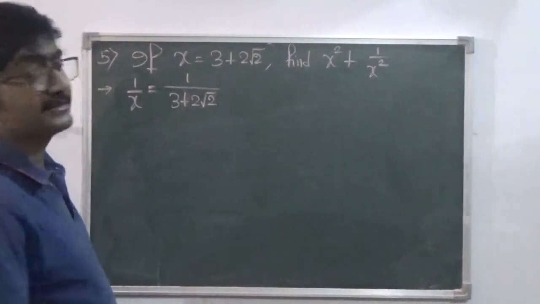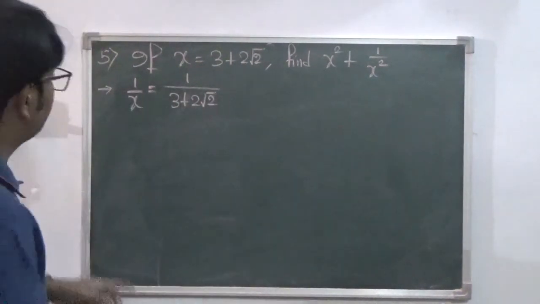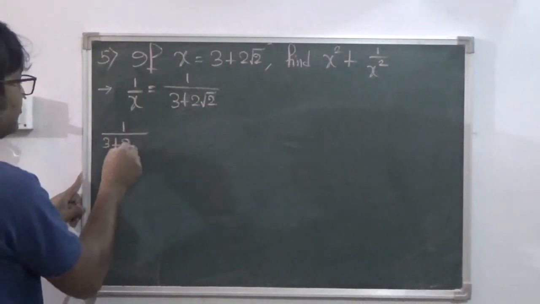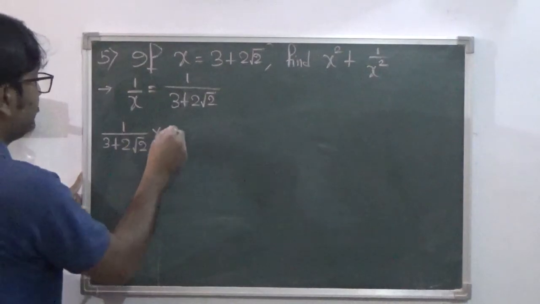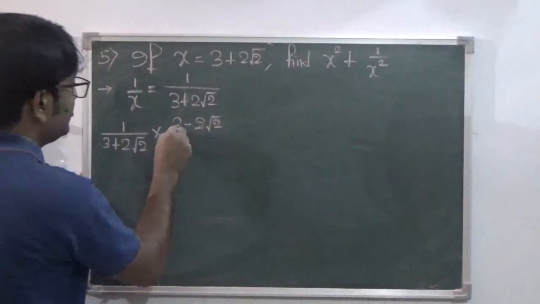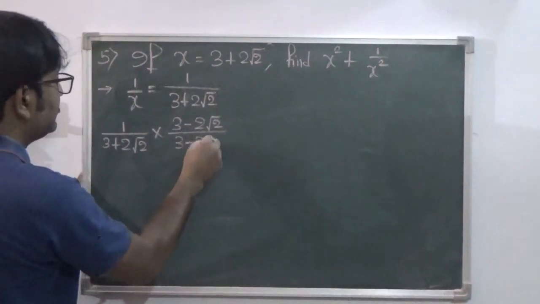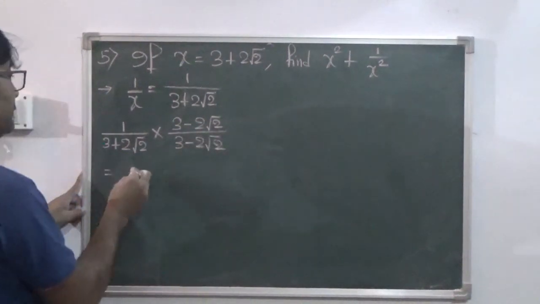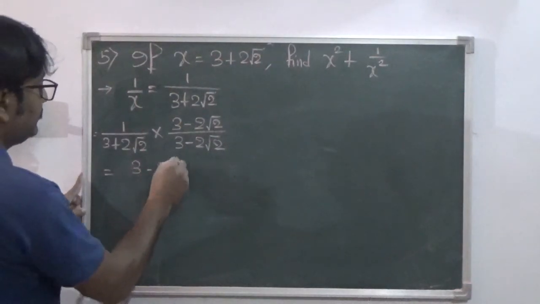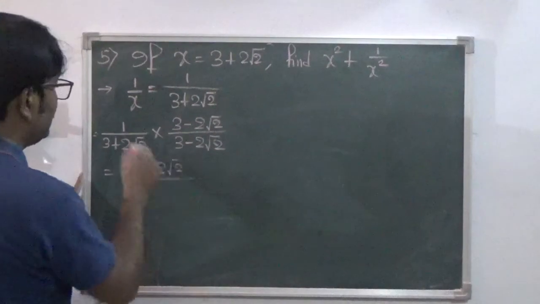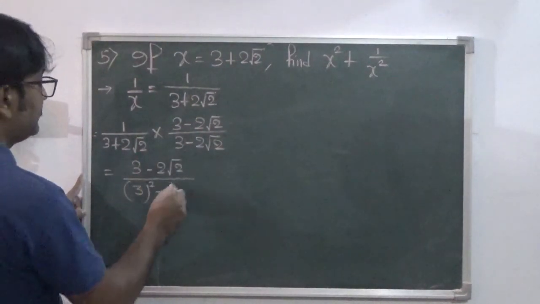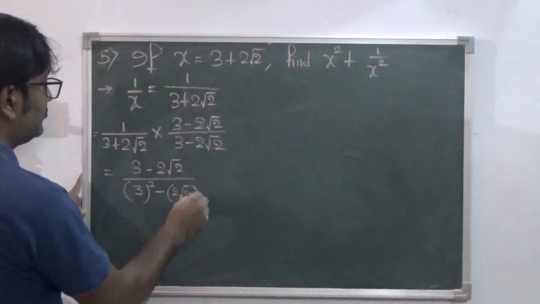So we will rationalize the denominator. Let's see what is coming. So 1 by 3 plus 2 root 2 into the conjugate, 3 minus 2 root 2 divided by 3 minus 2 root 2. So in the numerator it remains 3 minus 2 root 2, divided by 3 square minus 2 root 2 square.